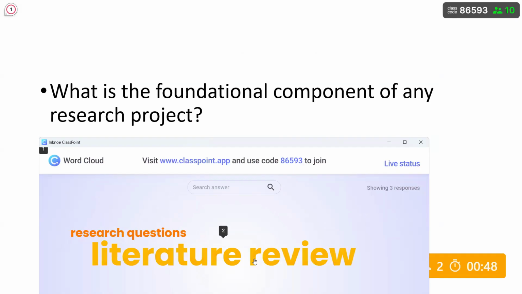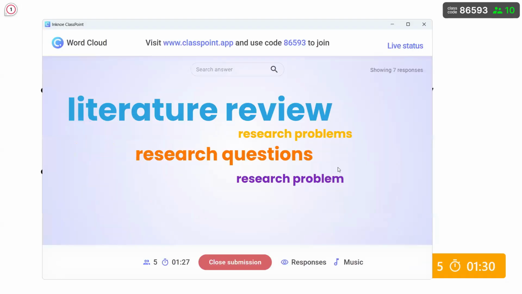Only two have given the answer as literature review. Literature review is the foundational component, according to you. And only one has answered that the research question is the foundational component. What is the foundational component of any research project?